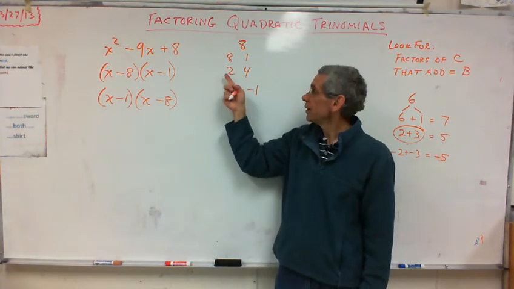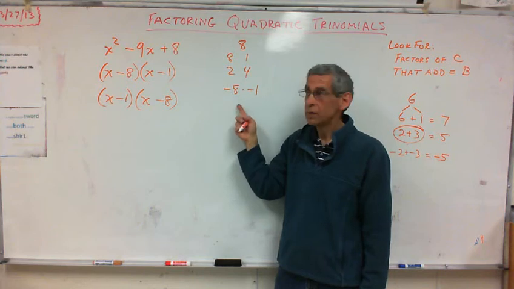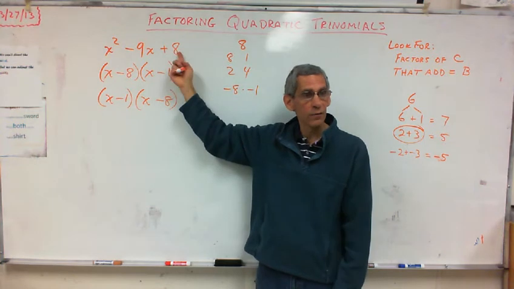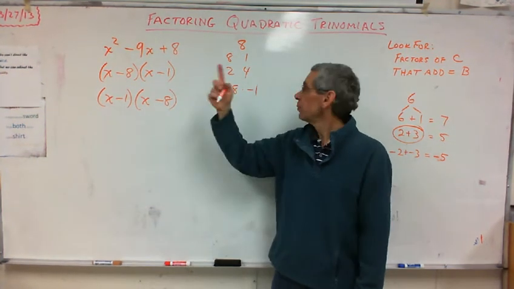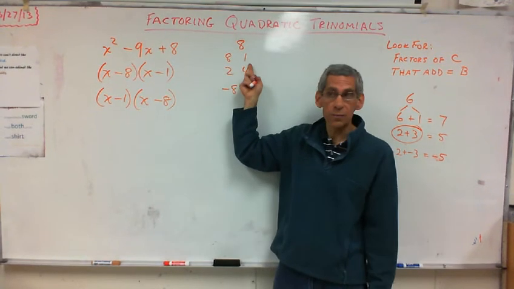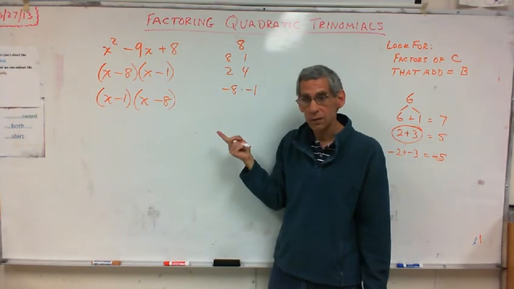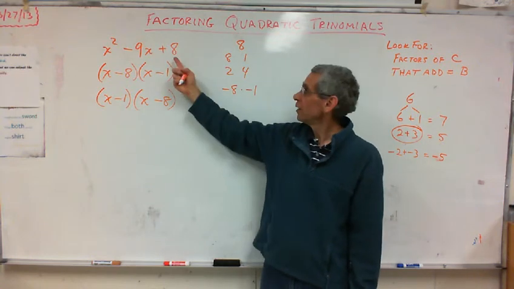In other words, they have to both be positive or both be negative. And then you will always get a positive here. Does that make sense? Positive times positive is positive. Negative times negative is positive, right? So as long as the signs are the same, that's what this tells me.